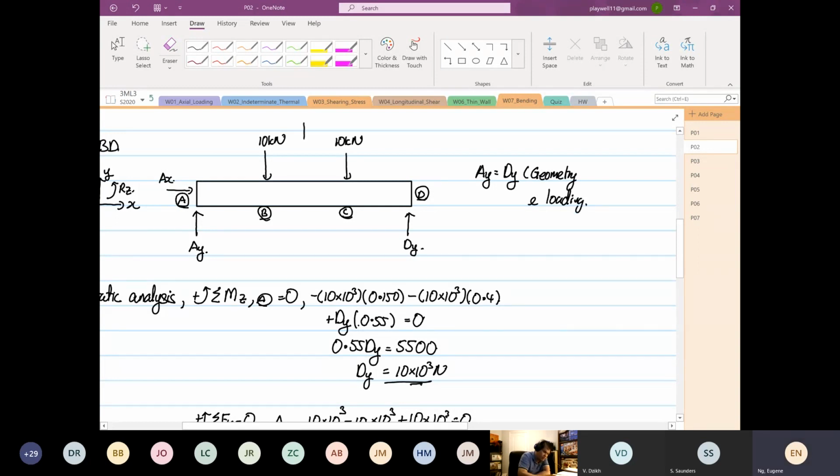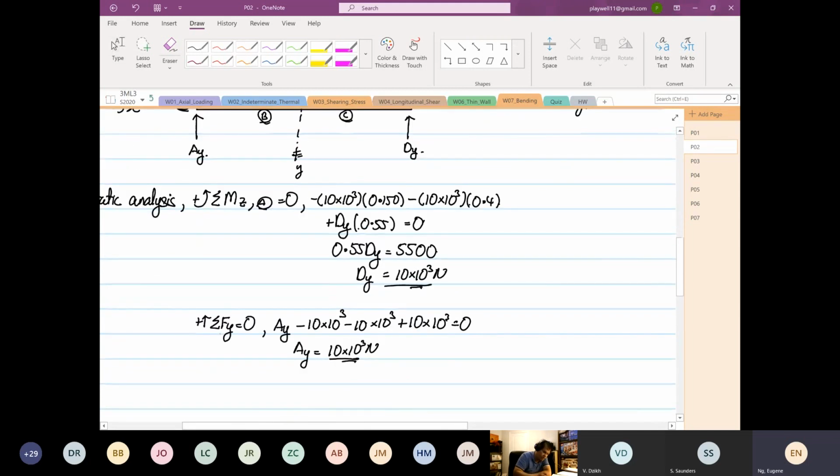The axis of symmetry based on geometry and loading is Y. So the left hand geometry and the right hand geometry, together with the loading, are the same. That's why you can make this statement. Then you just do summation of forces in Y, and you get the same answer.